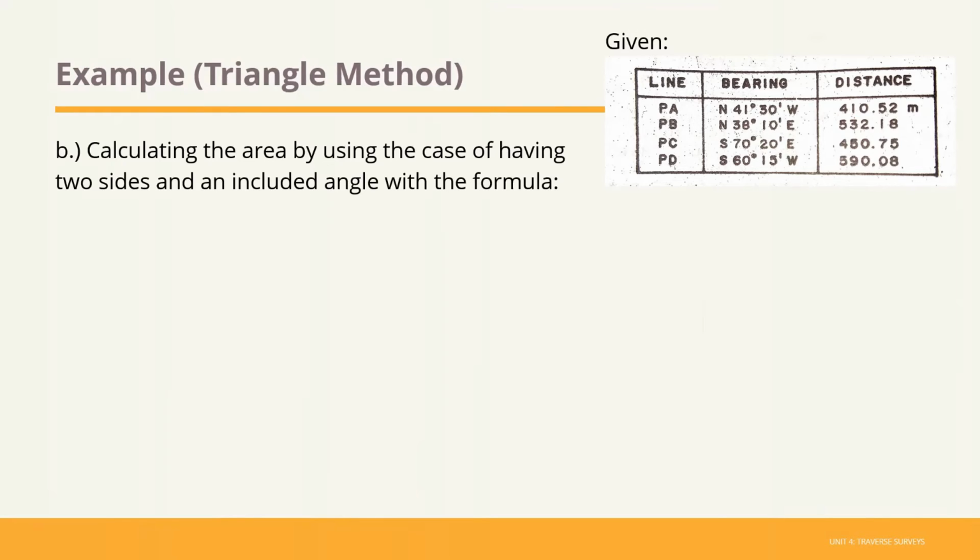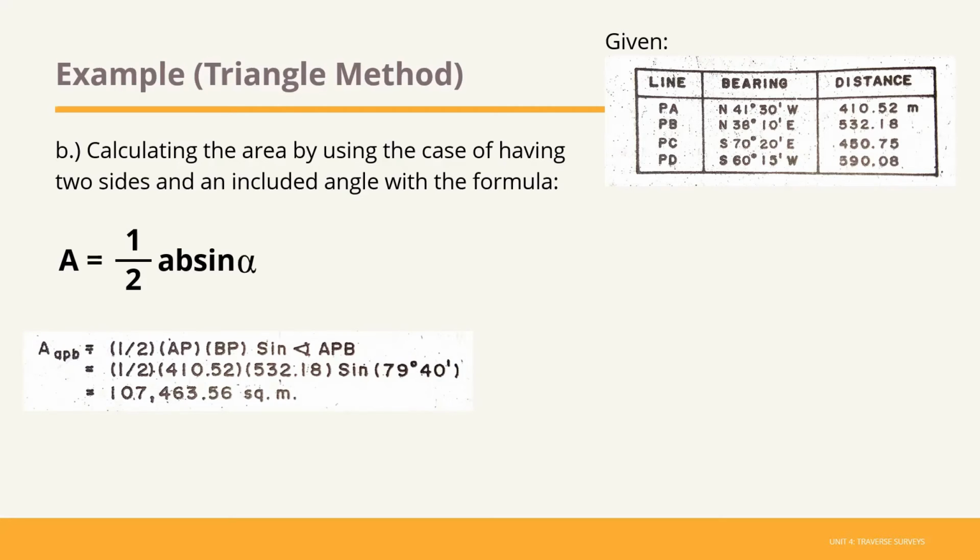Next, we'll calculate the area by using the second case, which has two sides and an included angle, with the formula A = 1/2 ab sin α. First we'll get the area of the first triangle, the triangle APB.